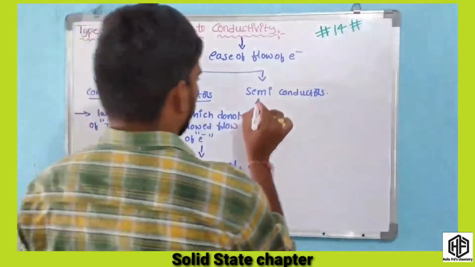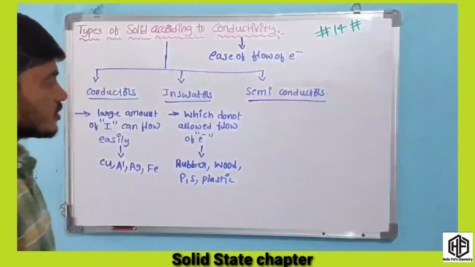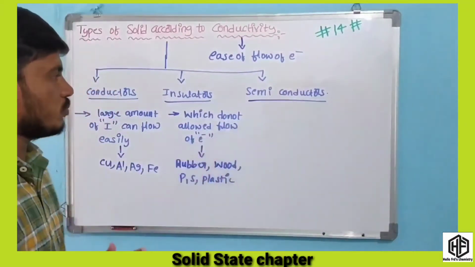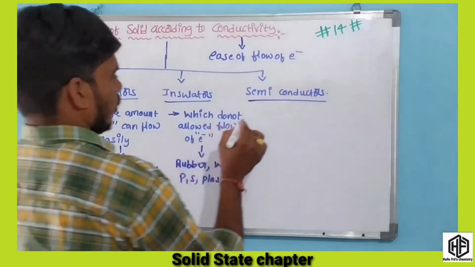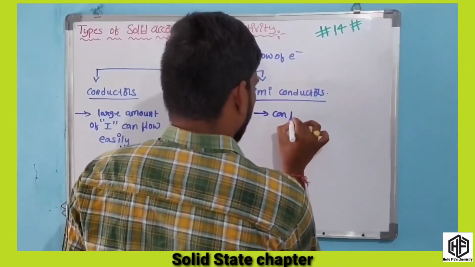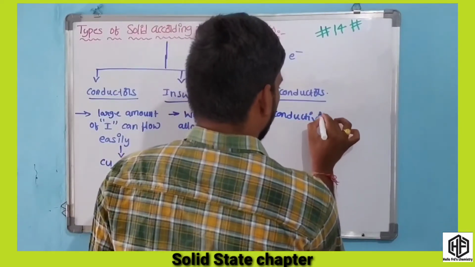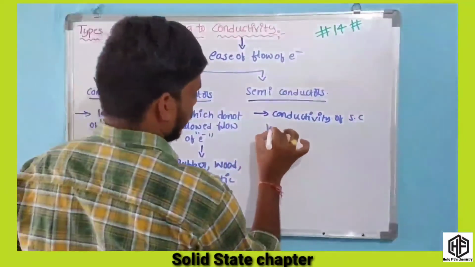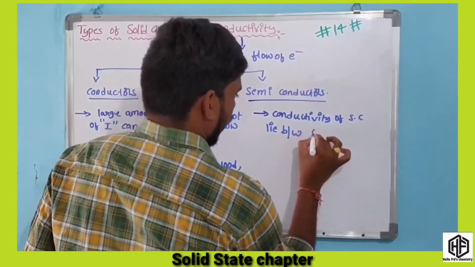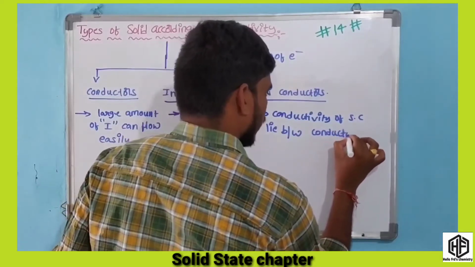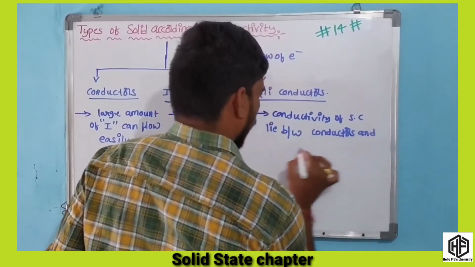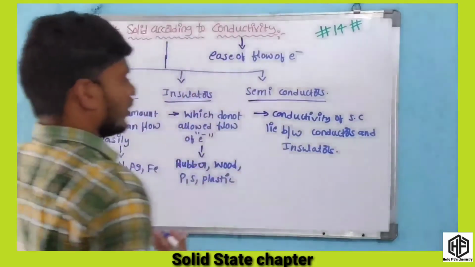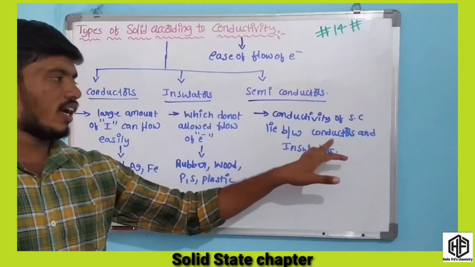Now what about the semiconductors? This is so much important, friends. What is a semiconductor? Semiconductors are those materials whose conductivity lies between conductors and insulators.